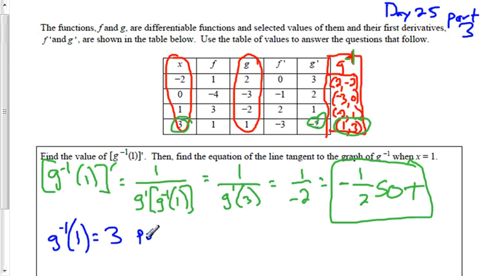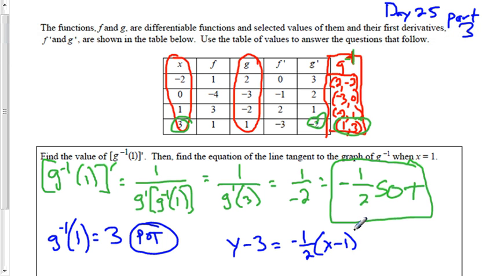So that's our point of tangency. So this is the equation of the line tangent to the graph of the inverse of g when x equals 1. So it's going to be y minus 3 equals -1/2 times x minus 1. That's our equation of the line.